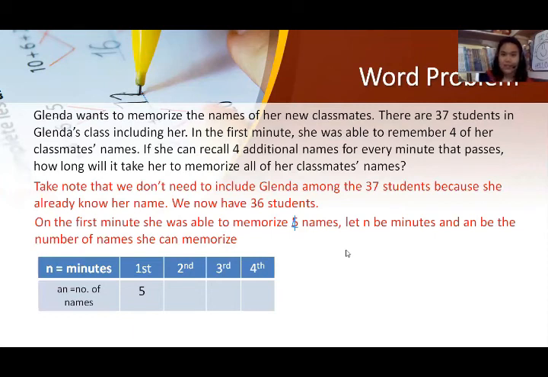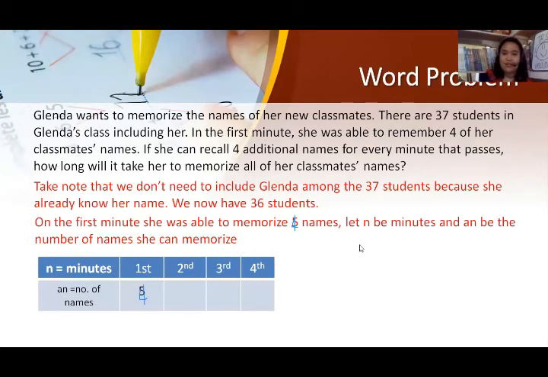So this is 4. On the first minute, nakapag-memorize siya ng 4. So, ilang minutes kaya bago niya ma-memorize lahat ng pangalan ng classmates niya?